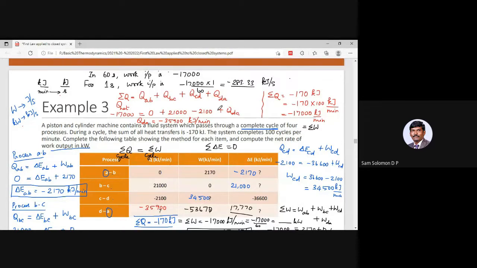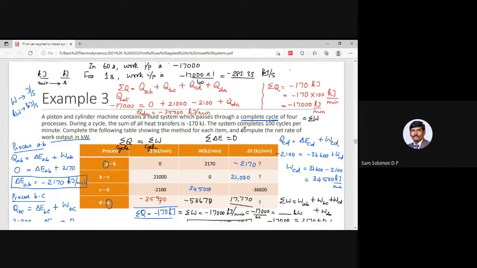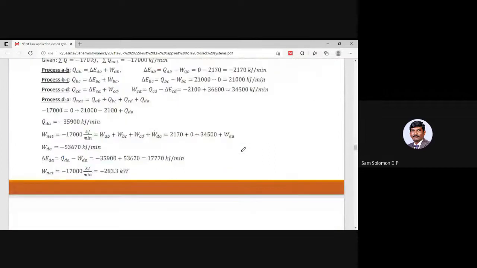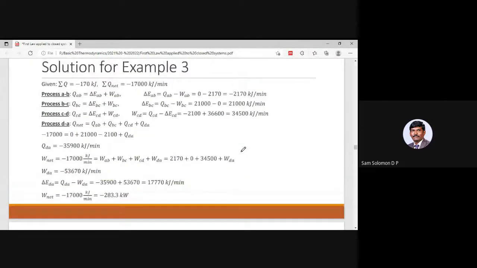Okay, so shall we check the answer? I have not given it in the form of a table, but the final answer is minus 283.3. And someone gave this answer 17,770, and all these answers we have got. Is this very difficult?